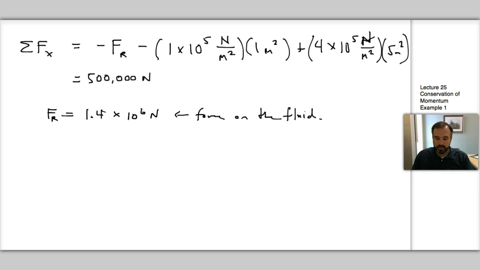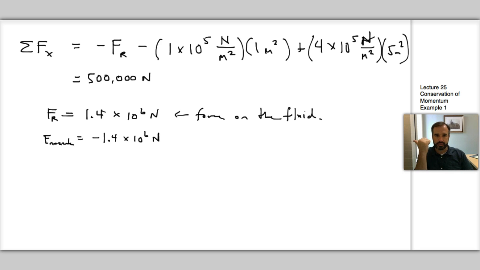So the force on the fluid is acting in this direction, and it's equal to 1.4 times 10 to the 6 newtons. Now we need to use Newton's third law and say that for every force there's an equal and opposite force, to see what force we need to hold the nozzle in place. So the force on the nozzle from the fluid is equal and opposite: it is equal to negative 1.4 times 10 to the 6 newtons, acting in the negative direction.